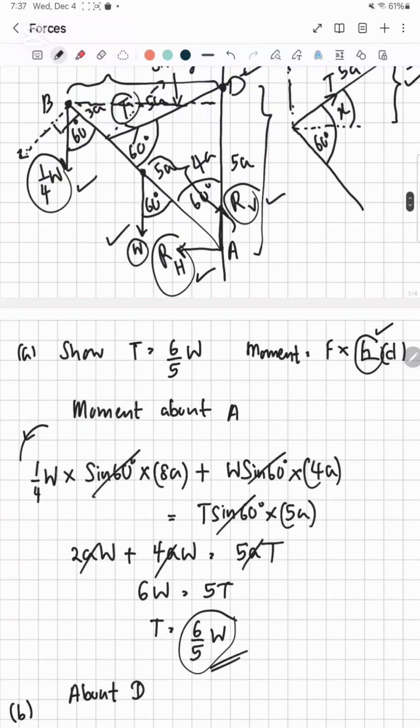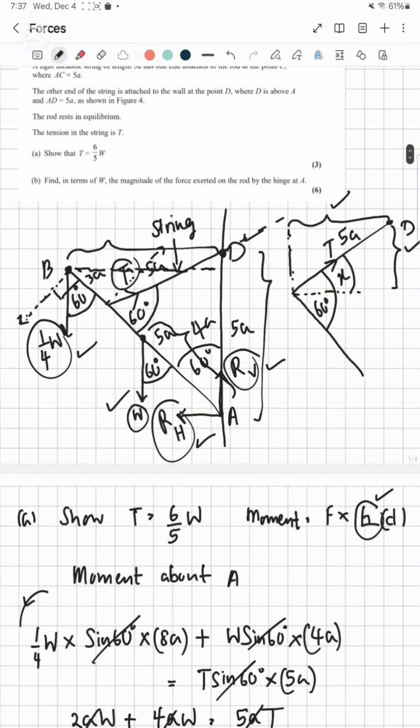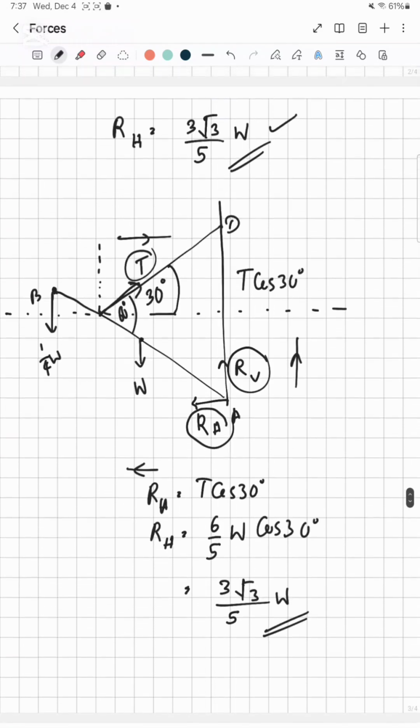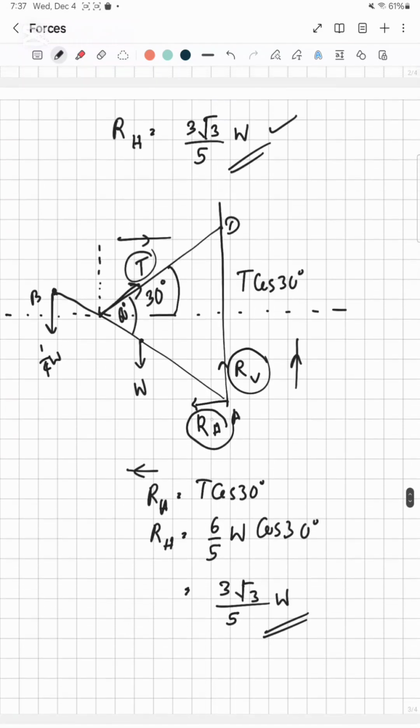So in the question they say, find in terms of W the magnitude of the force exerted on the rod by the hinge at A. Exerted on the rod. So these two forces are the components of the force acting on the rod. So the force acting on the rod is this, R. To find this force, all you have to do is use the Pythagoras theorem.